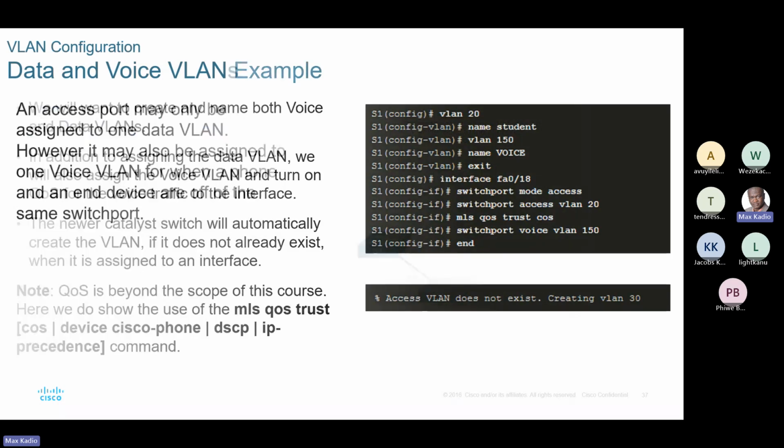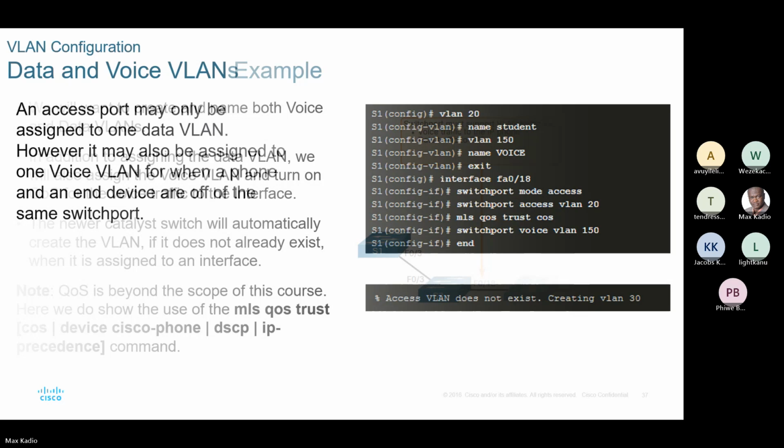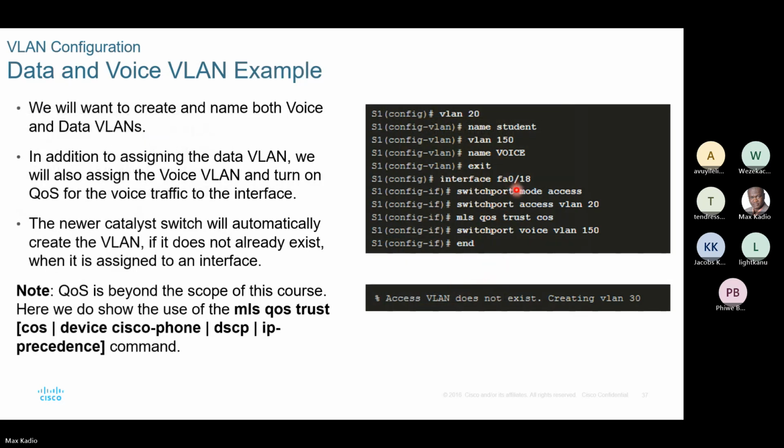So you see here on port F0/18, this device is connected. Then you create VLAN 20, name student, for example, to carry data. Then you create another VLAN 150, name voice.